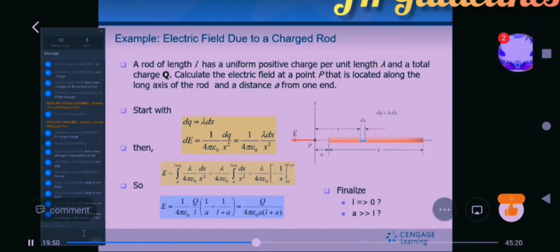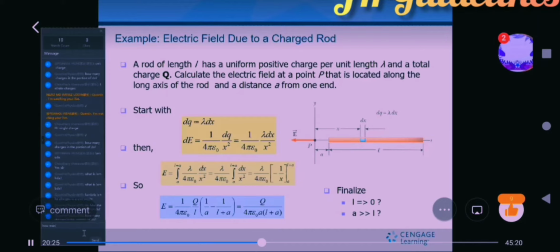Send me some answer for that. I kept asking how many charges in the portion of dx.